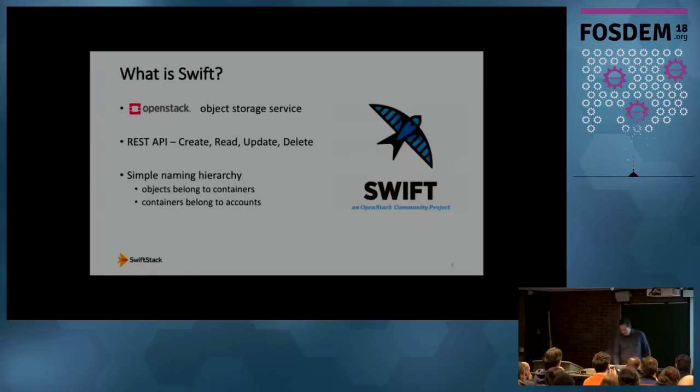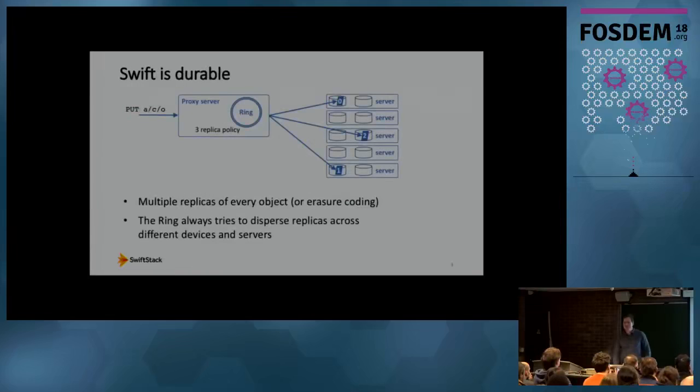Okay, so what are some of the properties of Swift? Well, first of all, data that's stored in Swift is extremely durable. Typically, Swift will store 3 replicas of every object that is written into the storage service. So here, just to explain, this is a very simplified architectural diagram of Swift.